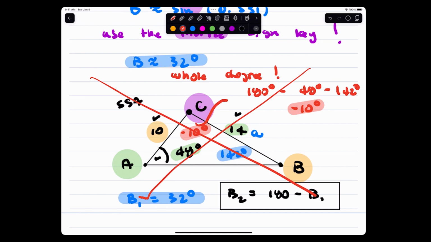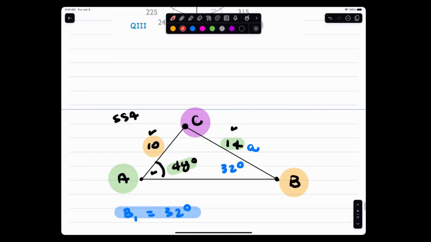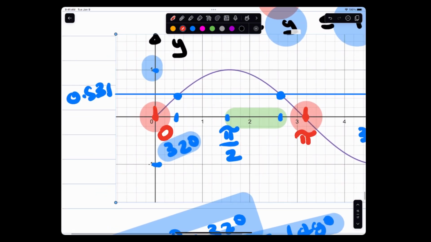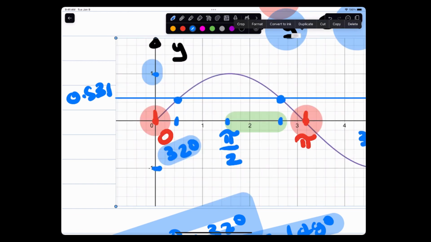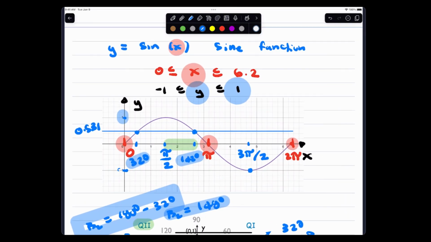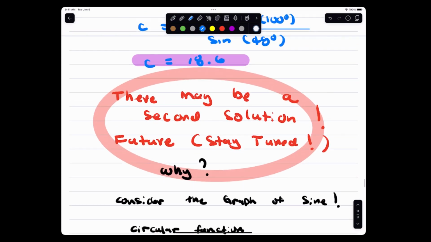So the second triangle that we got, by looking at where sine is equal to 0.531, the second angle being 142 degrees over here, that does not make sense for us. That means there's only one what?